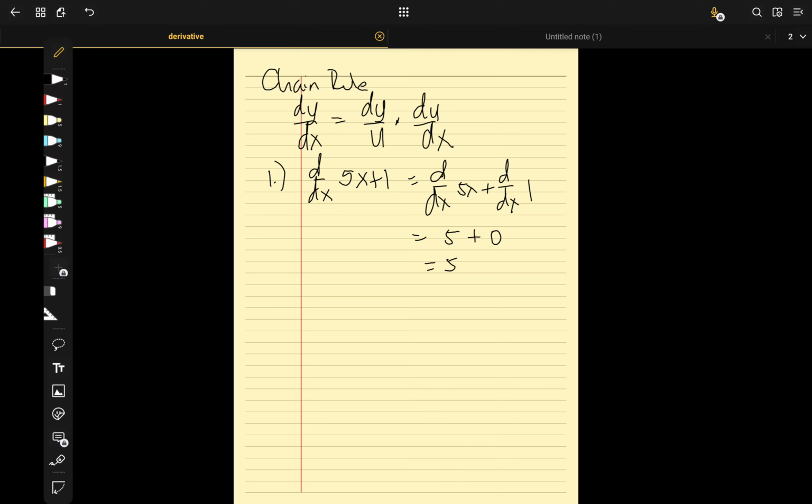So, the derivative of 5x plus 1 with respect to x is equal to 5. However, paano pag naging ganito na siya? The derivative of 5x plus 1 raised to 3, for example.